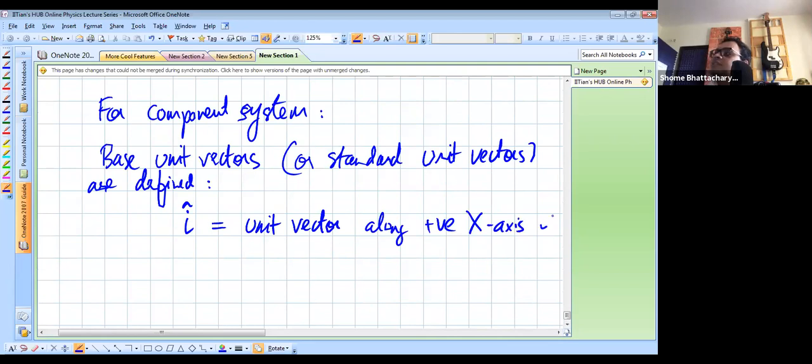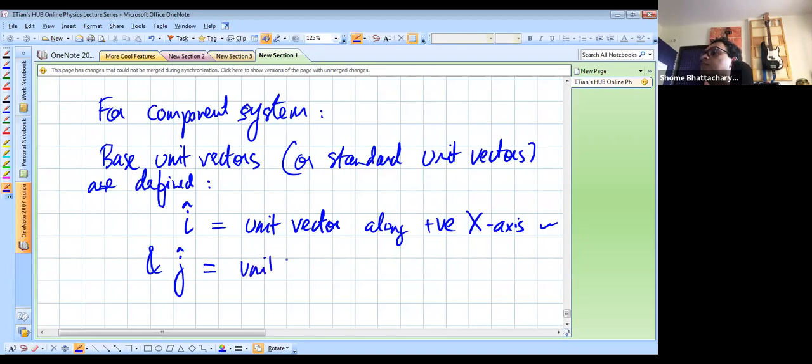So the first step in this is actually we have to define our axis, because everything is with respect to our axis system. And similarly, the second unit vector that we define in a two-dimensional system is given the symbol j cap. This is just a matter of convention, that universally we understand the symbol used for the positive x unit vector is i cap, and the symbol used for the positive y one is j cap.